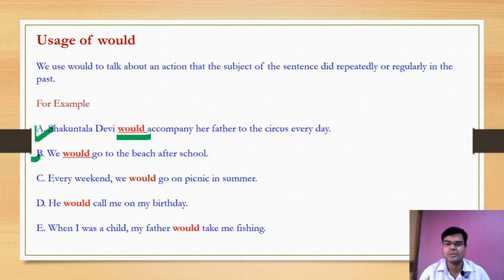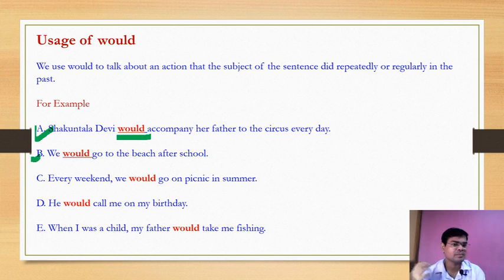Next, which is B: we would go to the beach after school. It means whenever we finished school, we regularly used to go to the beach. Like we have Mandwa beach, Nagaon beach, Revdanda, and Alibag beach.